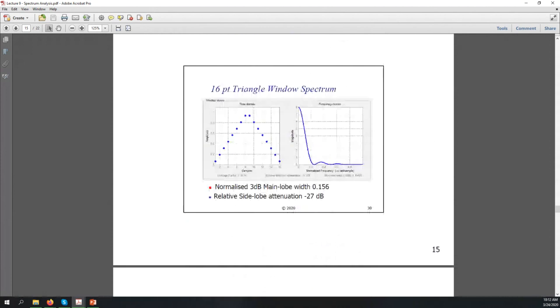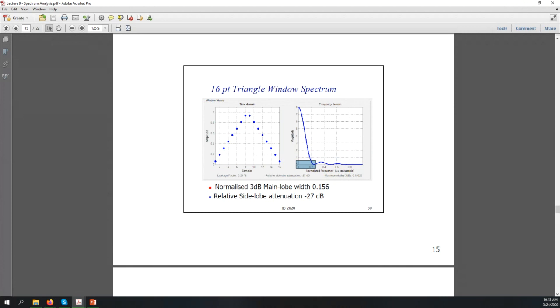But when you move from the rectangular window to the triangular window, you will see that the side lobe attenuation tends to mitigate even further. However, because the base width is increased, the main lobe width is also going to be increased.